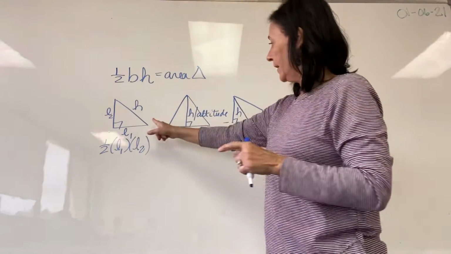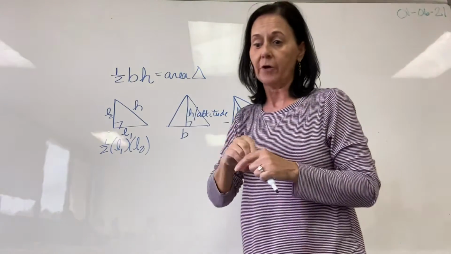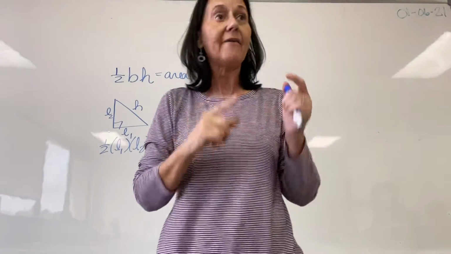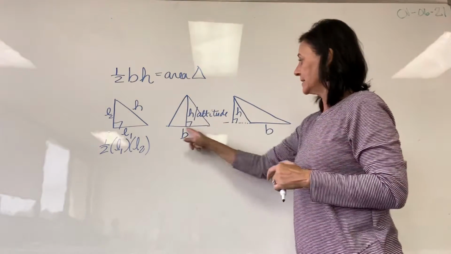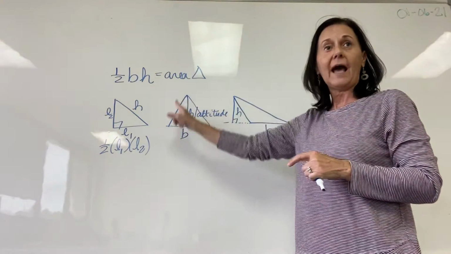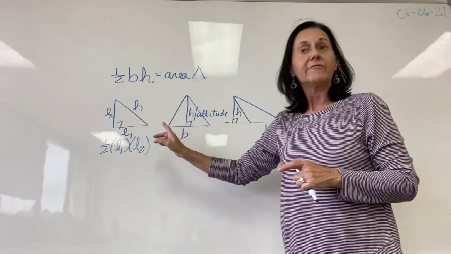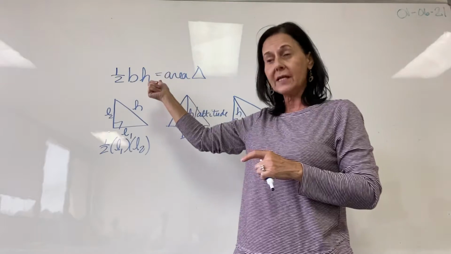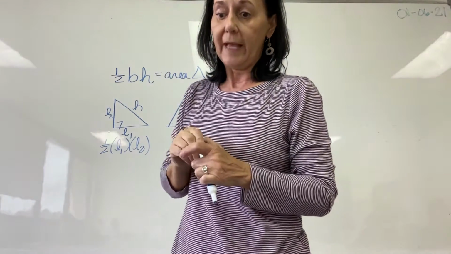And for both of these other two triangles is theorem 39. It says the area of a triangle is half the product of any base and its corresponding altitude. So the corresponding altitude is from the vertex opposite the base, perpendicular to the base.